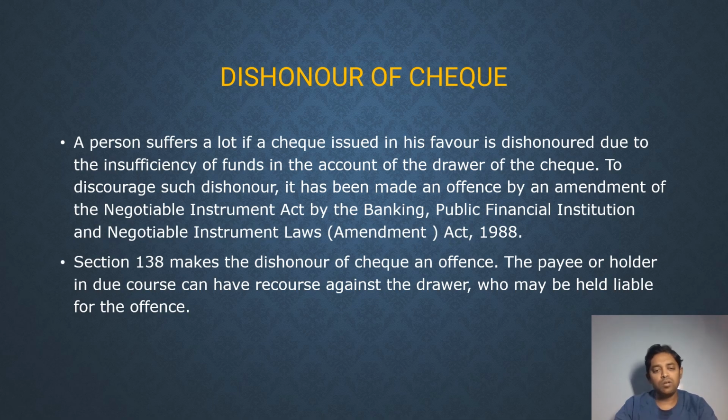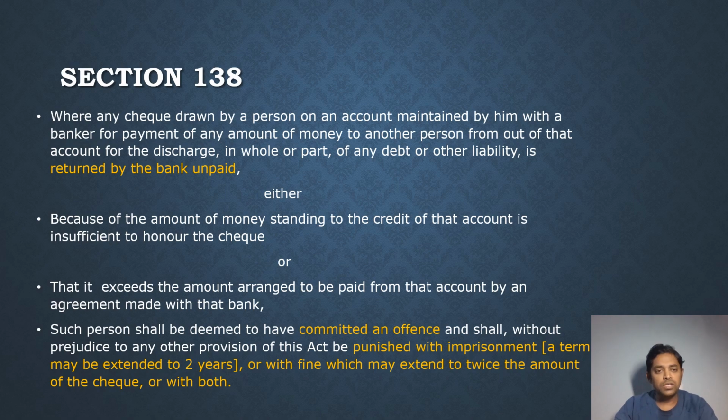The payee or holder in due course can have recourse against the drawer, who may be held liable for an offense under Section 138. Section 138 discusses dishonor of checks.